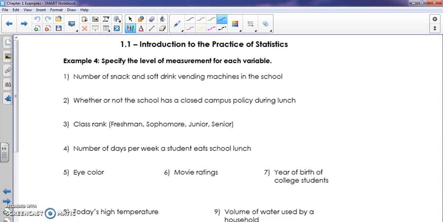So we can subtract the number and that makes sense. Let's think about 0. So if we have 0 vending machines in the school, that's the absence of vending machines. So since that means the absence of a quantity, then this would be ratio.